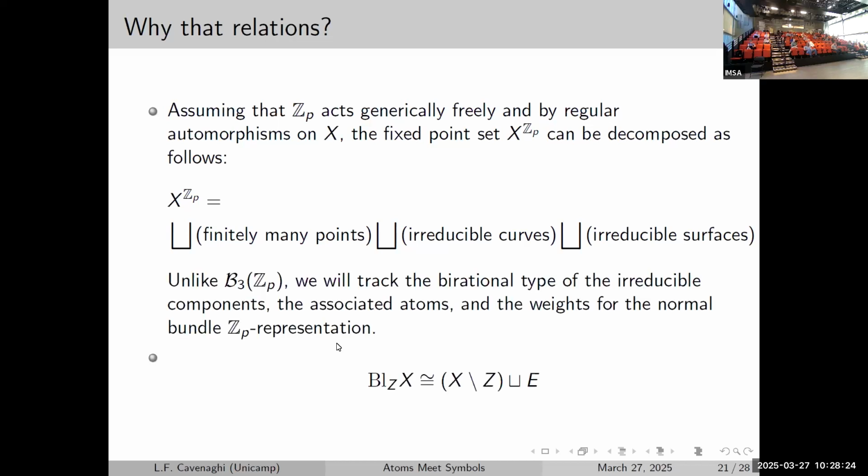If so, how is it done? The thinking about the characters is that if you blow up, then you get an exceptional divisor, the projectivization of the normal bundle. Then you have to understand how the characters appear in the normal bundle, because this will give you the invariant space that, when you projectivize, will give the possible fixed points appearing in the blow-up. And that's how you relate the symbols with the characters appearing.